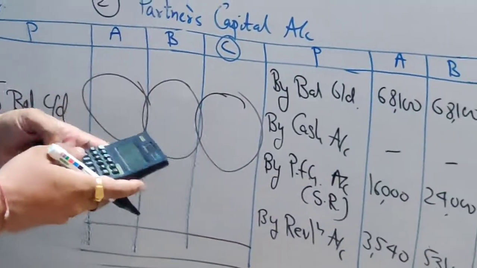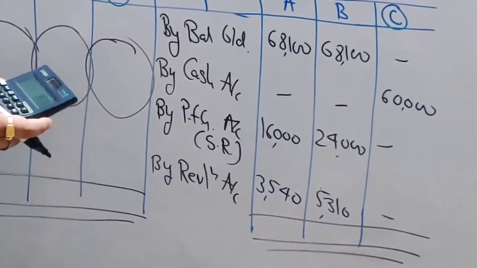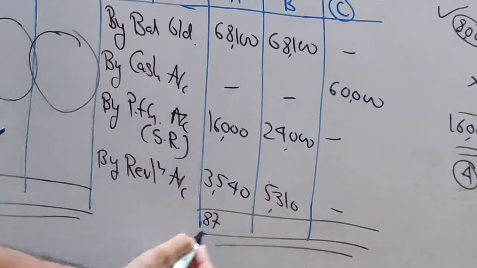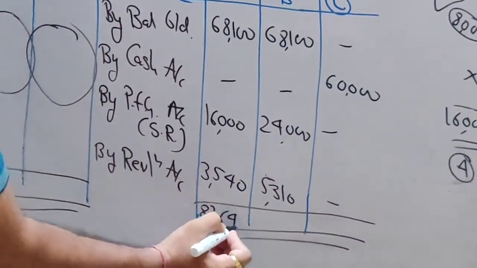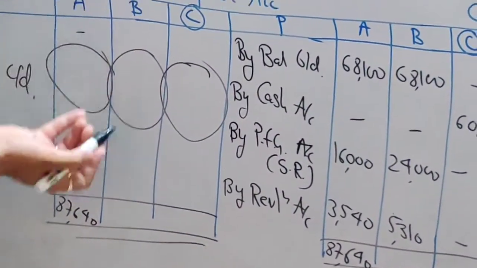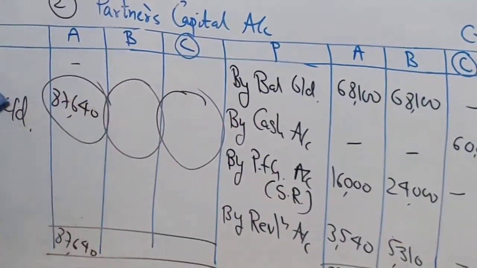Let's find the bigger total. 68,100, 16, 3540. The total is 87,640. 87,640 and nothing to minus. So the balance amount is the same, 87,640.